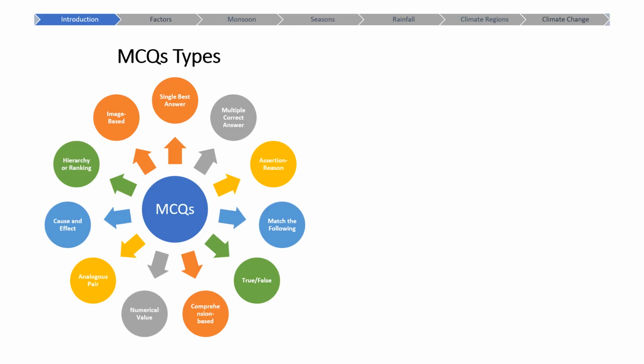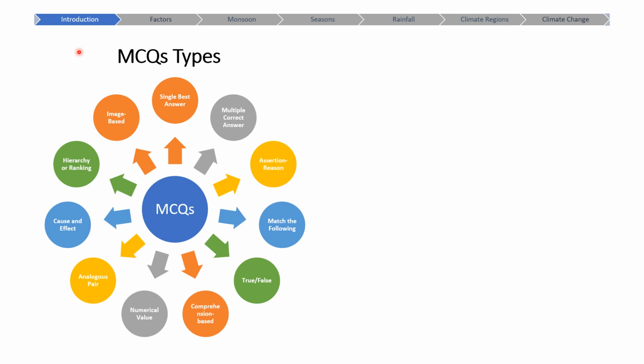Students, before I start my lecture, before I talk about the introduction, factors, monsoon, seasons, let me clear one thing. Classroom teaching for formal education and classroom teaching for the preparation of an exam is different. The similarity is there, but what is the difference?